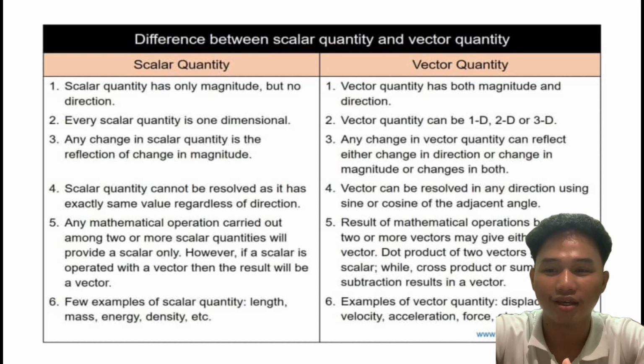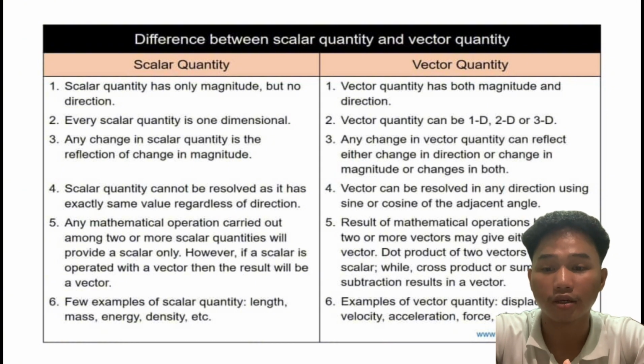And we go to vector quantity. Vector quantity also has 6 points. 1. Vector quantity has both magnitude and direction. 2. Vector quantity can be 1D, 2D, and 3D. 3. Any change in vector quantity can reflect either change in direction or change in magnitude or change in both. 4. Vector can be resolved in any direction using sine or cosine of the adjacent angle. 5.